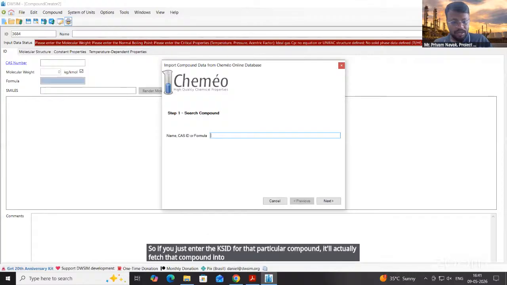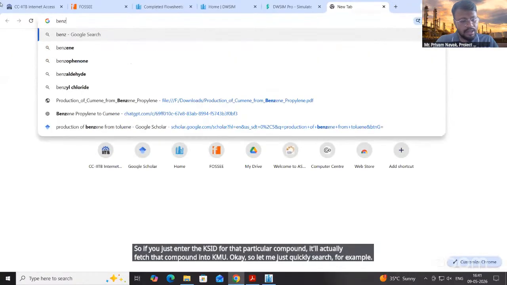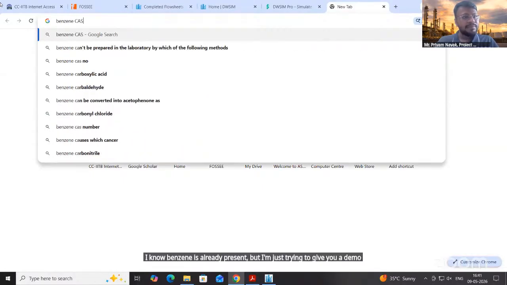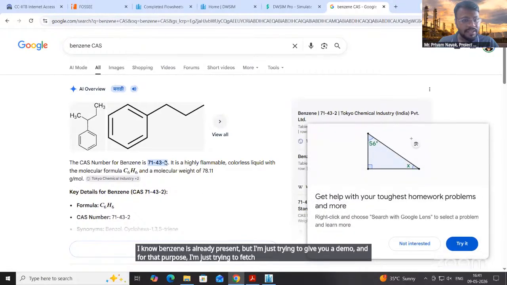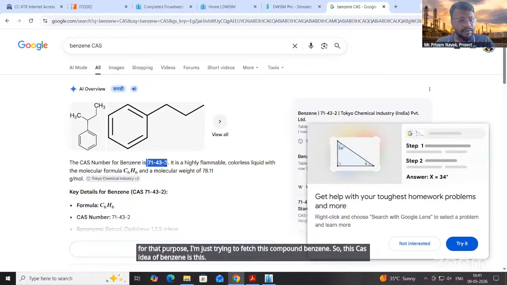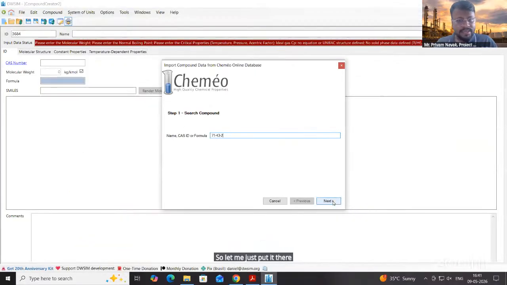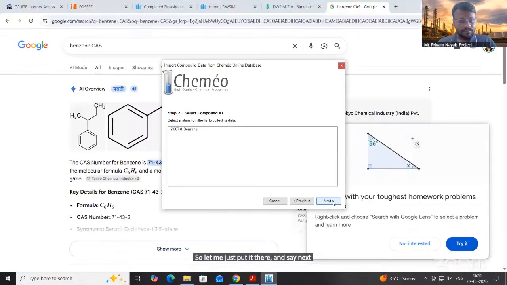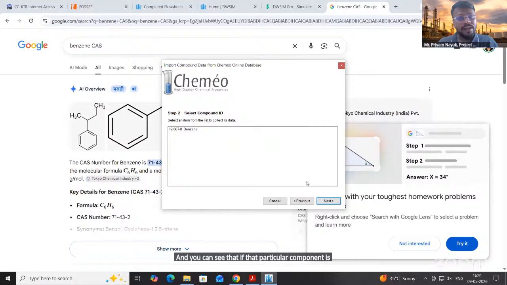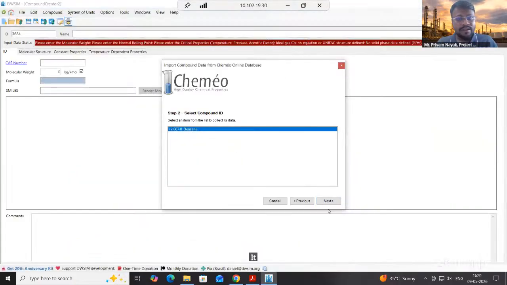Okay, let me quickly search. For example, I know benzene is already present, but I'm just trying to give you a demo, and for that purpose I'm fetching this compound benzene. The CAS ID of benzene is 71-43-2. Let me put it there and say next. You can see that if that component is available in the Cameo database, it will say that benzene is available.